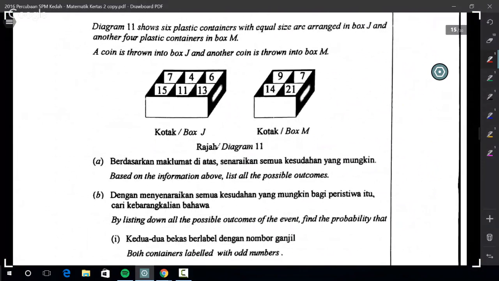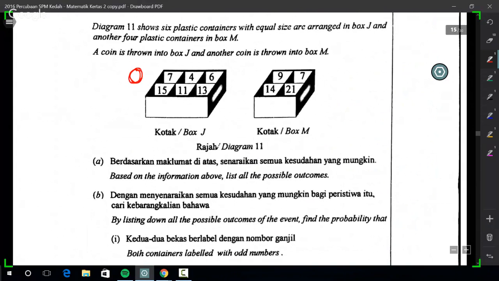Diagram 11 shows 6 plastic containers of equal size arranged in a box J and another 4 plastic containers in a box M. A coin is thrown into box J and another coin is thrown into box M. So right now, I'm going to draw a coin here.